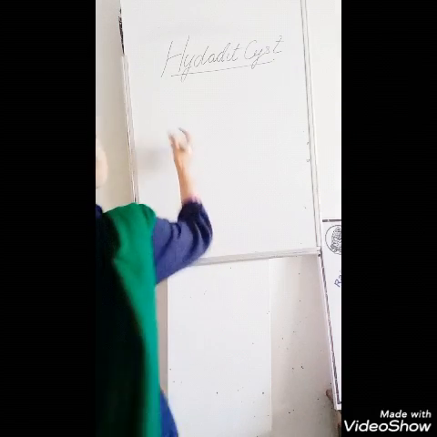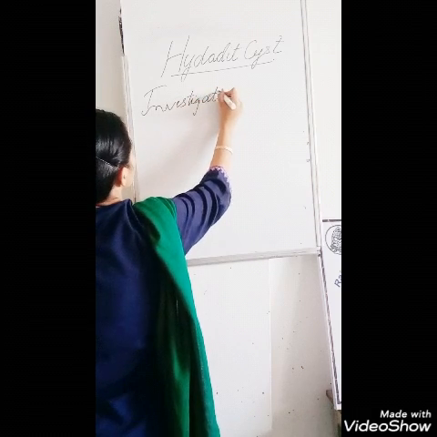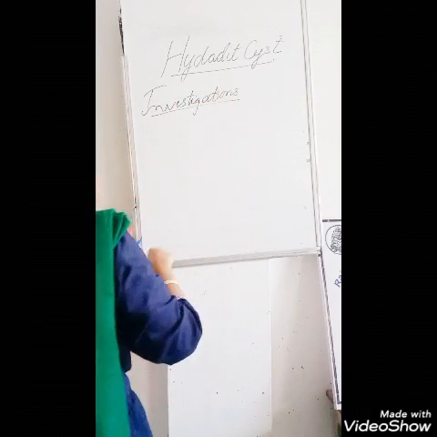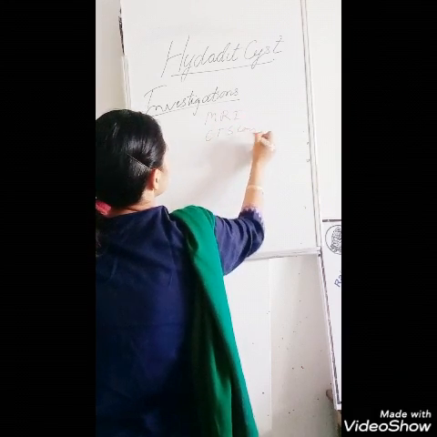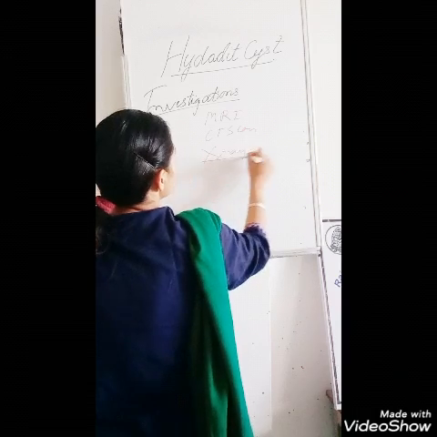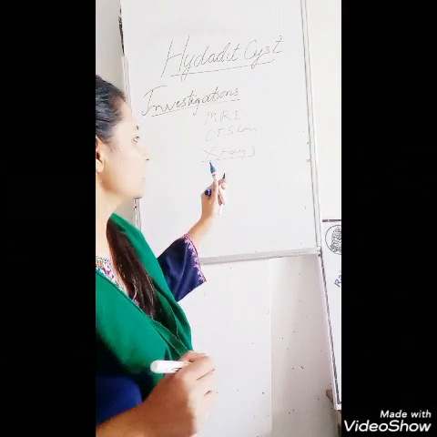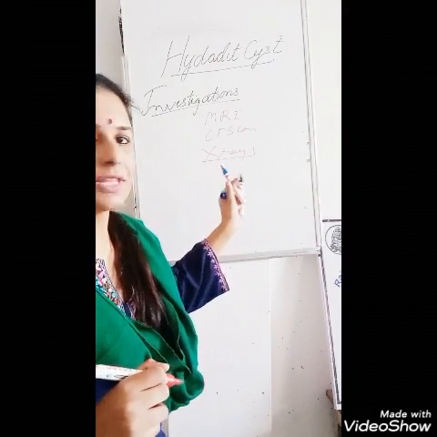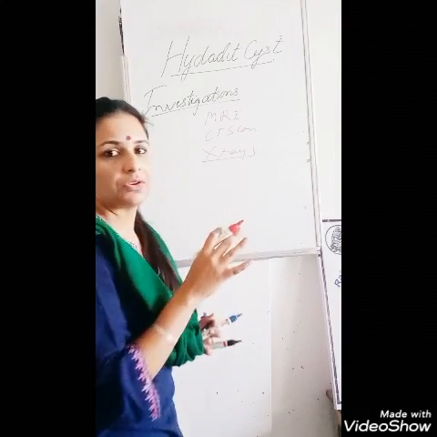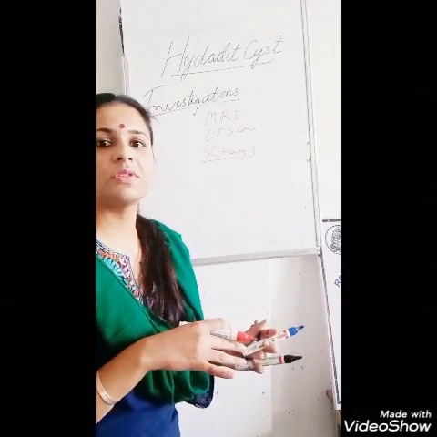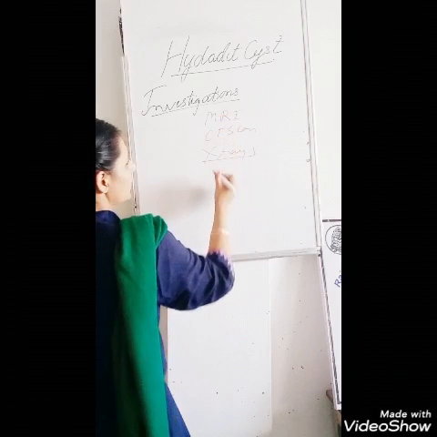Now, the investigations. MRI, CT scan, X-ray. In X-ray, the calcified cyst or speckled calcification can be seen if the cyst gets calcified, and if the Echinococcus granulosus has traveled into the bones, that will also be identified in the X-ray or CT scan, MRI.